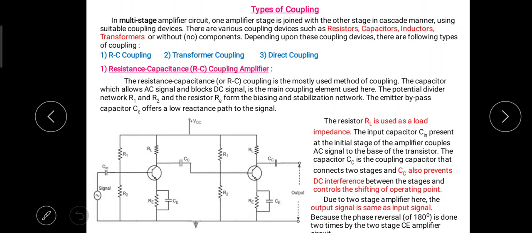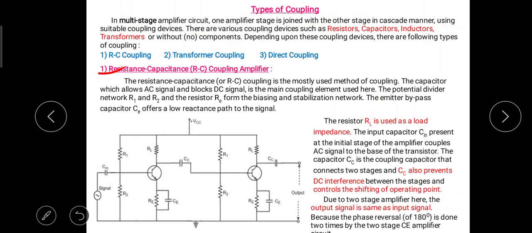Come to the first circuit, its title is resistance capacitance coupling amplifier. In short, we call this an RC coupled amplifier. This is the most used method for coupling purpose.